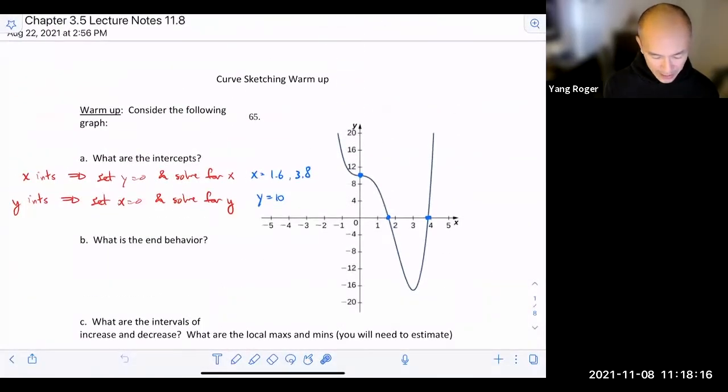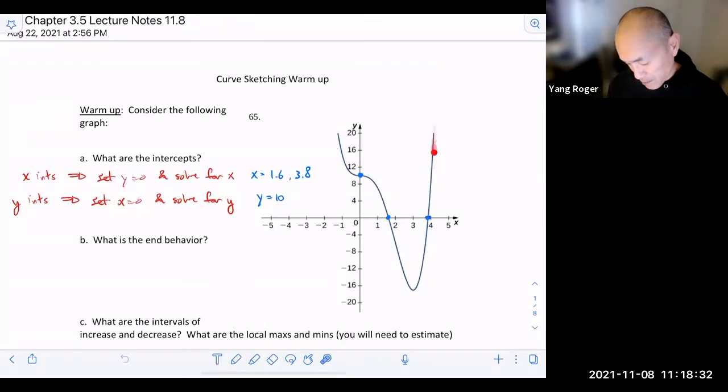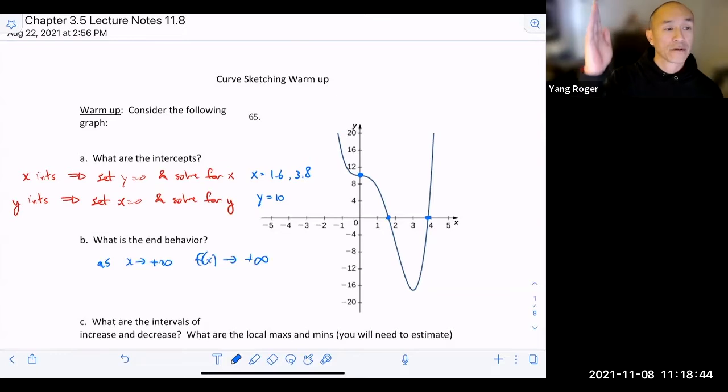We also want to create a framework, or have a rough idea of what our graph looks like. So we want to know what the end behavior is. The end behavior is the behavior at infinity, so all the way out here and all the way out here. When I look at this picture, it looks like this side is going up and this side is also going up. So I'm going to write, as x goes to positive infinity, our graph f of x goes to positive infinity as well, because it's going up.